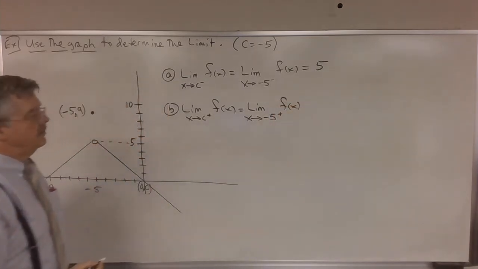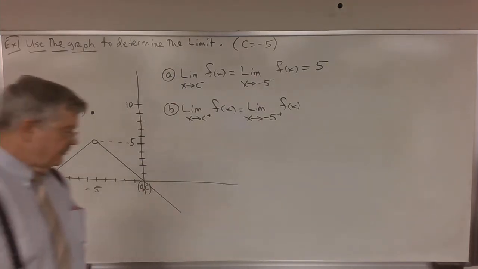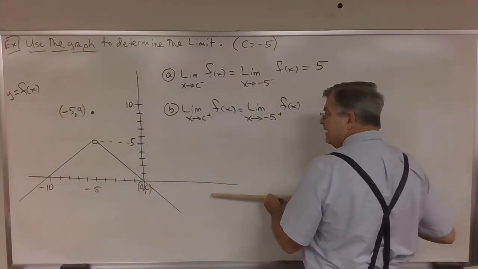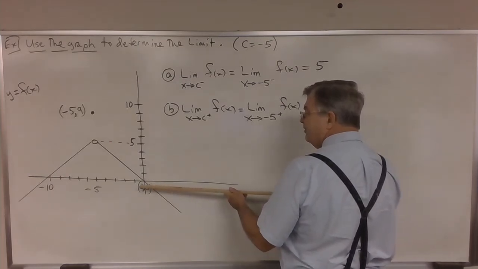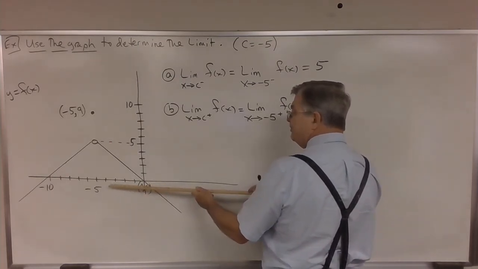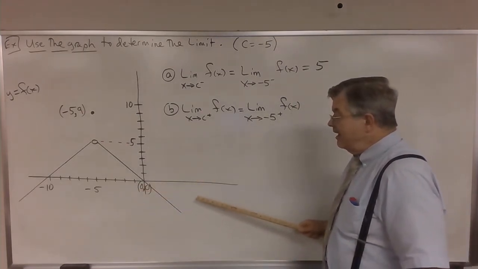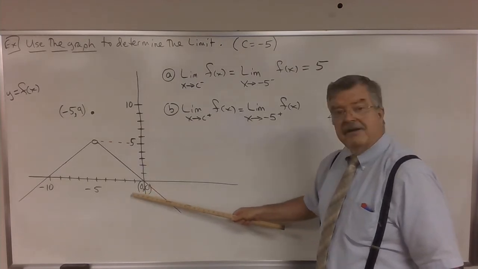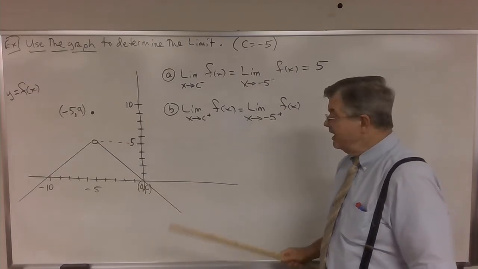That's what we really want. So let's go back and look at our graph. If x approaches -5 from the right, then x is approaching -5 from this direction. So if x moves in this direction, then x is approaching -5 from the right.